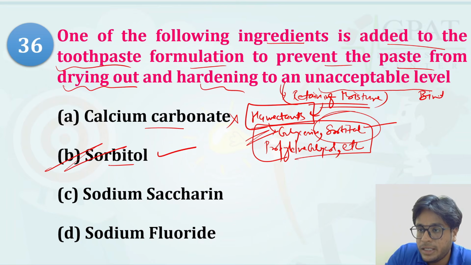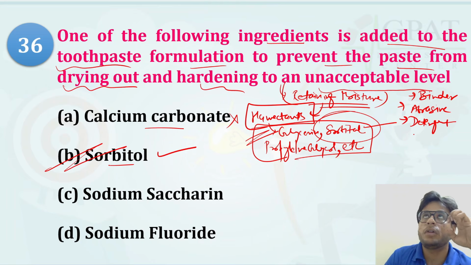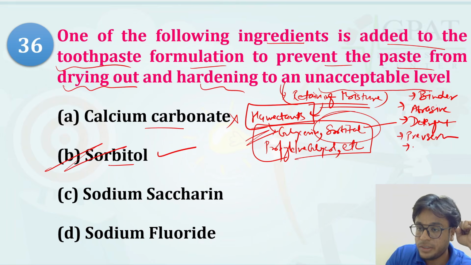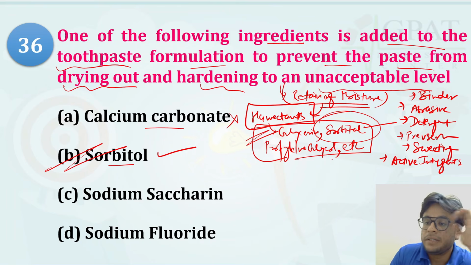Okay, but there are some other components of that particular paste as well. Binders are also present in the paste, abrasive agents are also present, and we can say detergents for foaming action. Then preservatives are also present, sweetening agents are also present, and active ingredients like anti-caries agents.